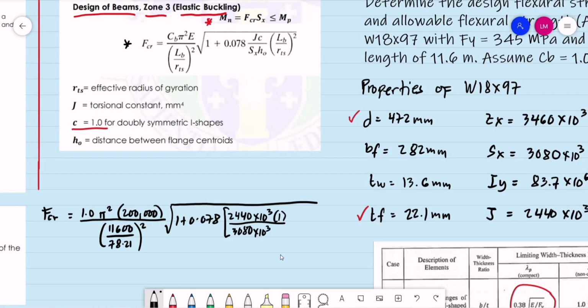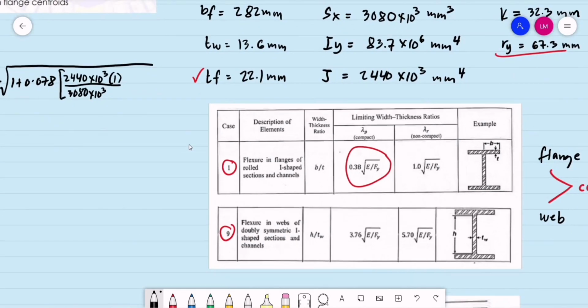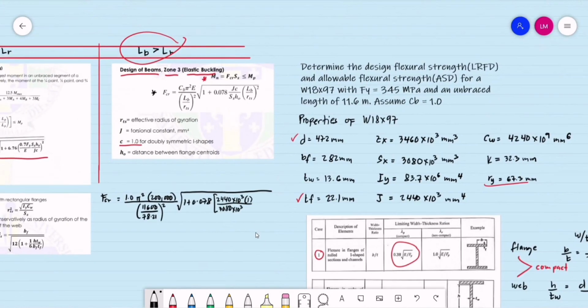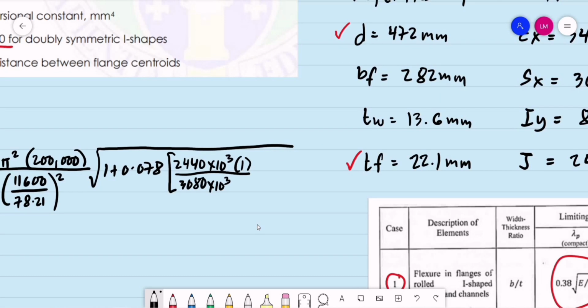Then multiplied by our h sub o. Our h sub o is equal to 449.9. Then this value again to be multiplied by the L sub b, 11,600, divided by R sub ts, the 78.21. Then quantity squared.